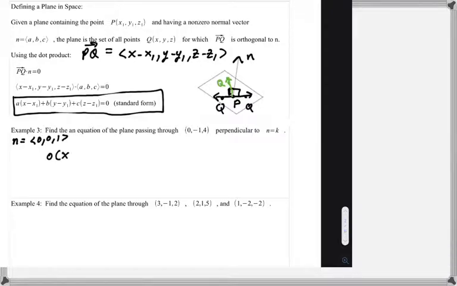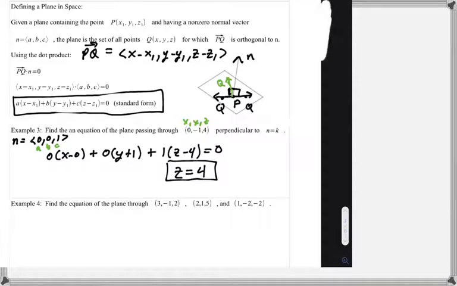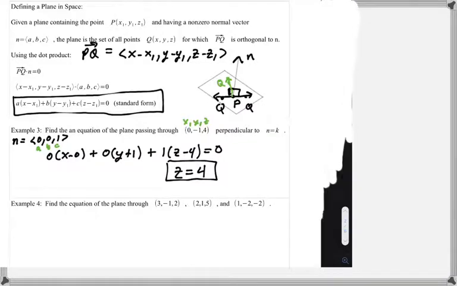Okay, and then this is our x1, y1, z1. We got our a, b, c. It's going to be 0 times x minus 0 plus 0 times y plus 1, and 1 times z minus 4. That's equal to 0. And so z equals 4 is going to be our plane here.